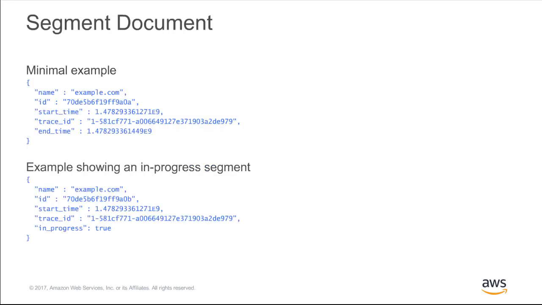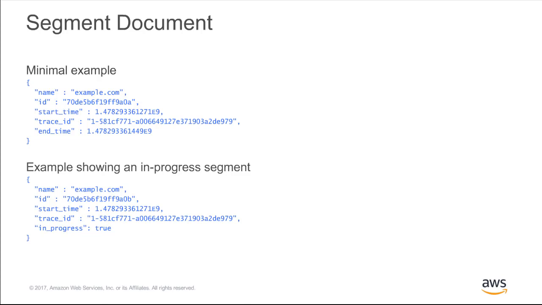Wanted to show you guys a quick example of what a segment document looks like. So this is the raw data that you send to the X-Ray API. The X-Ray SDKs essentially generate data in this format. And what you're seeing here is a minimal example which has a name for a service, a unique ID for this document, a start time, an end time, and then a unique ID for this transaction.